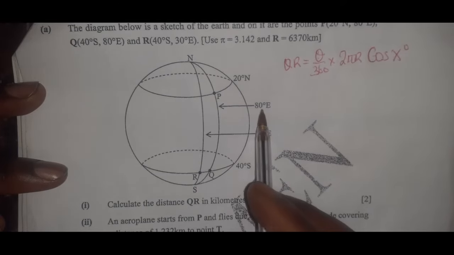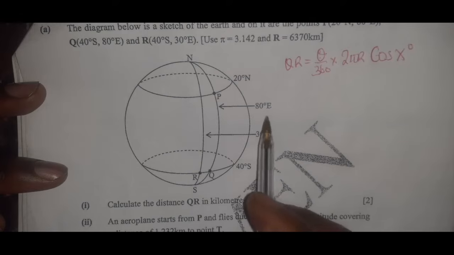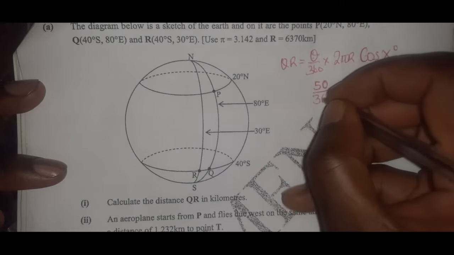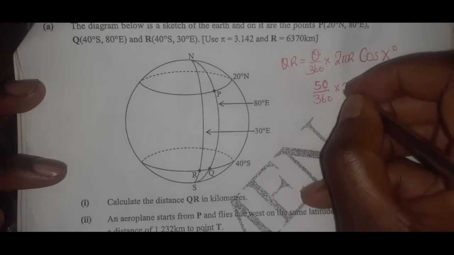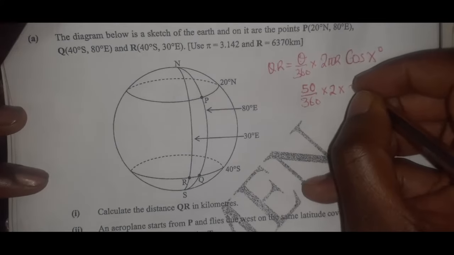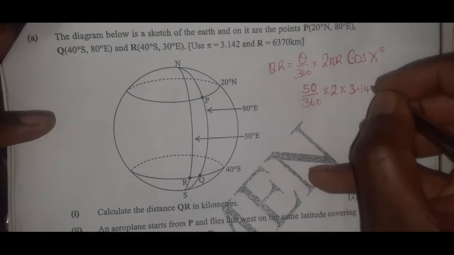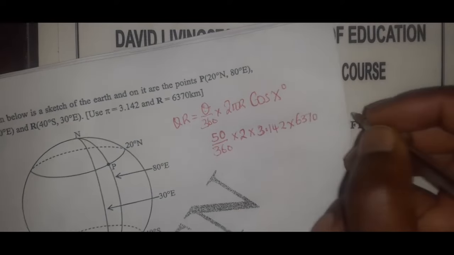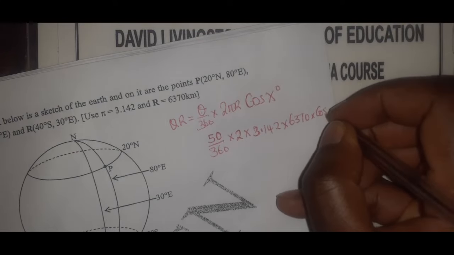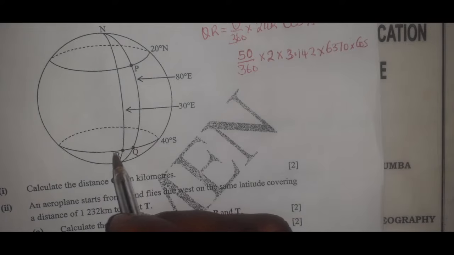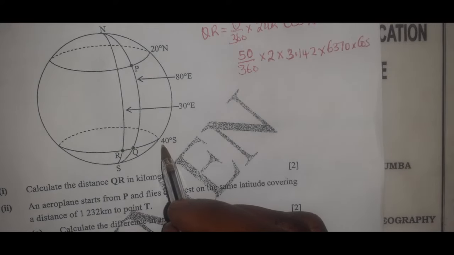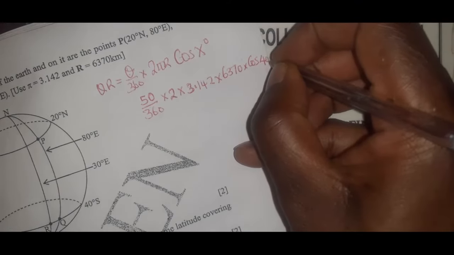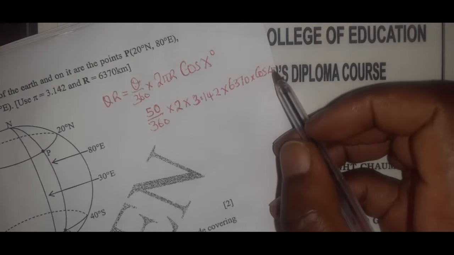This is east and this is east, so to find the difference we subtract. We get 50 over 360 multiplied by 2 multiplied by pi, which we have been given as 3.142, the radius we have been given as 6370, then multiplied by cos. These 2 points are on latitude 40 degrees, so here we put 40 degrees.